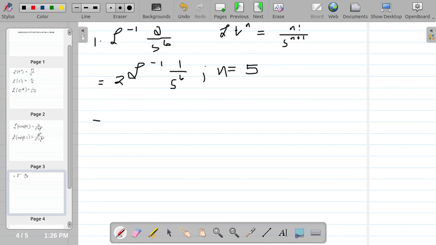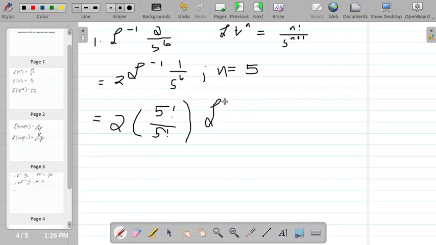So, n factorial is equal to 5 factorial. Then 2 multiplied by 5 factorial over 5 factorial, and 5 factorial over 5 factorial is just equal to 1.